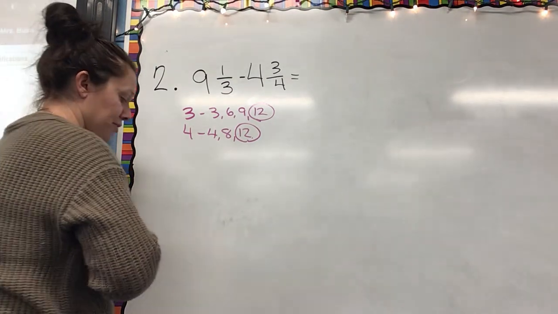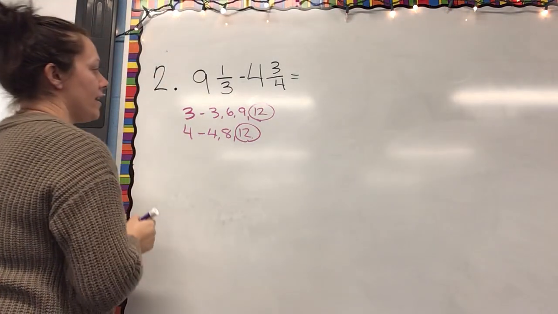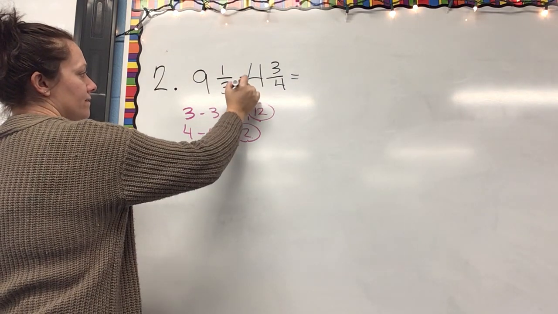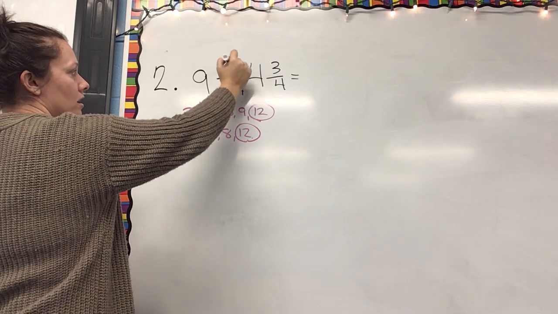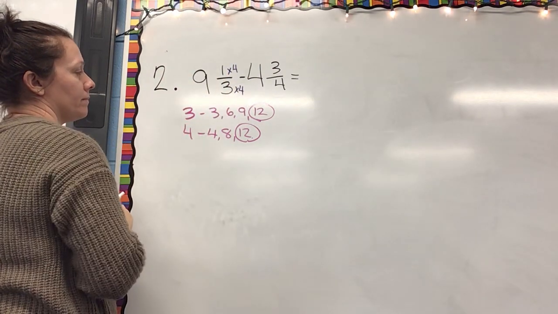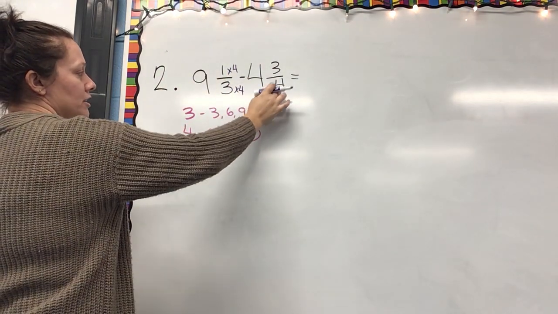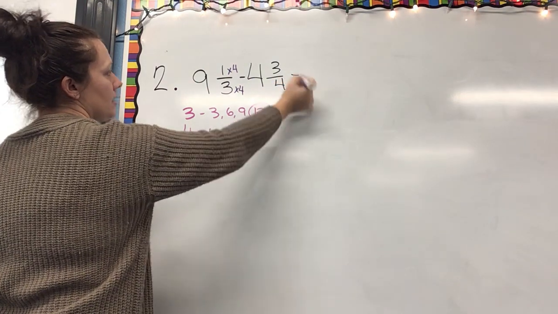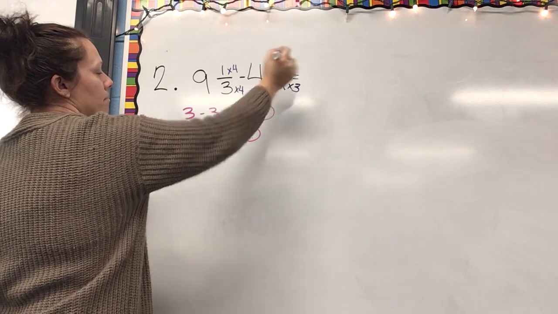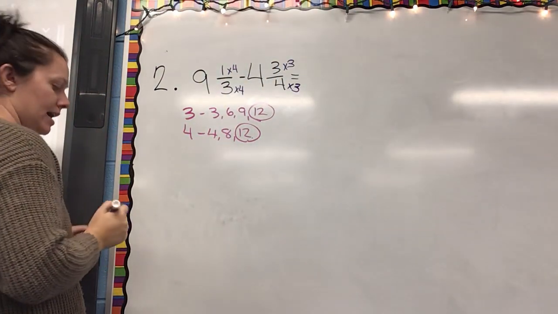So how do I make that 3 into a 12? 3 times 4. And I have that jealous sibling up here, so it also is going to multiply by 4. How do I turn 4 into a 12? 4 times 3. And then when I do the bottom, I also have to do the top.